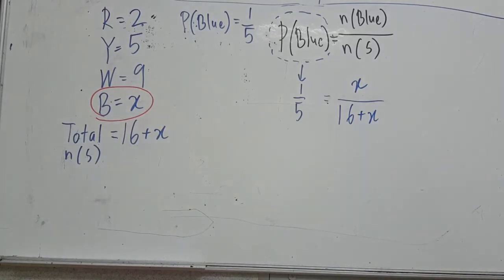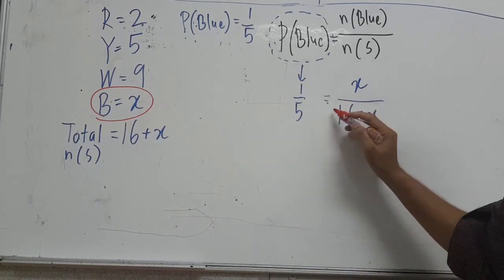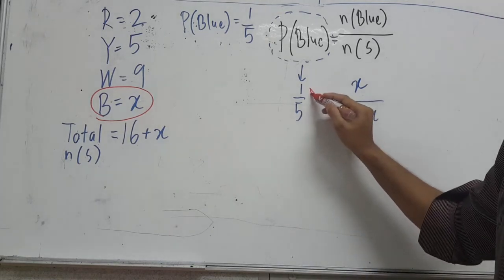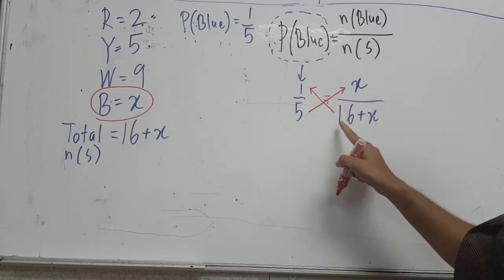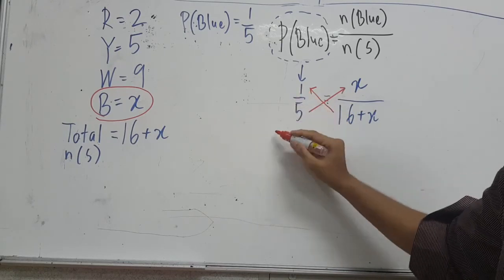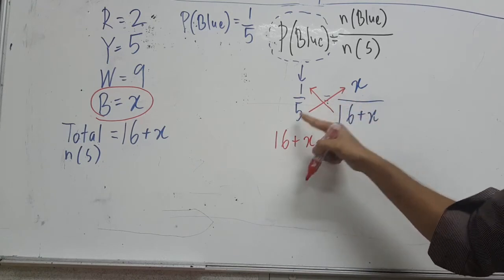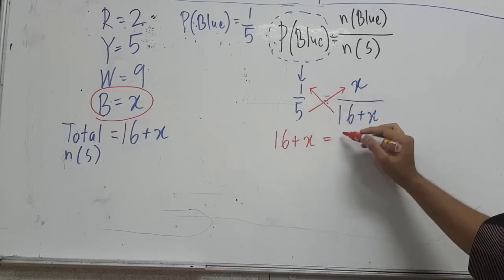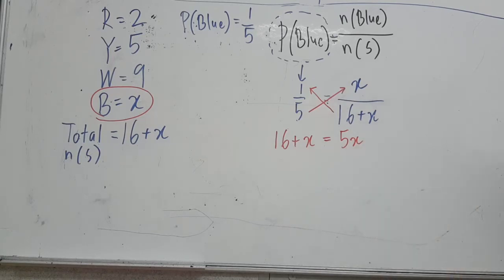Now using algebra knowledge, we make a cross multiplication like this. 16 plus x multiplied by 1 becomes 16 plus x, equal to 5 multiplied by x becomes 5x. What's next?